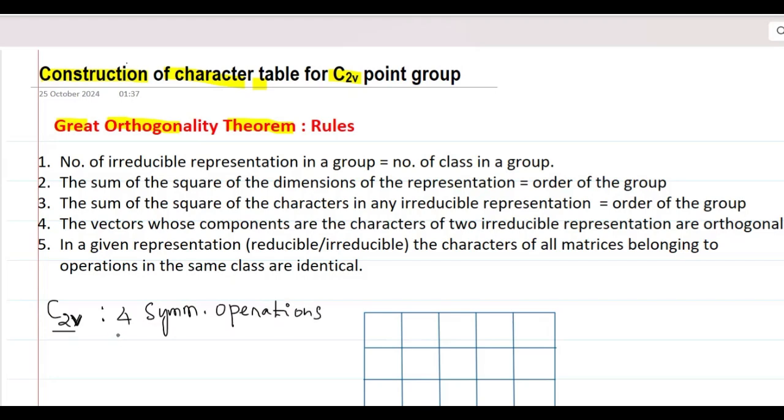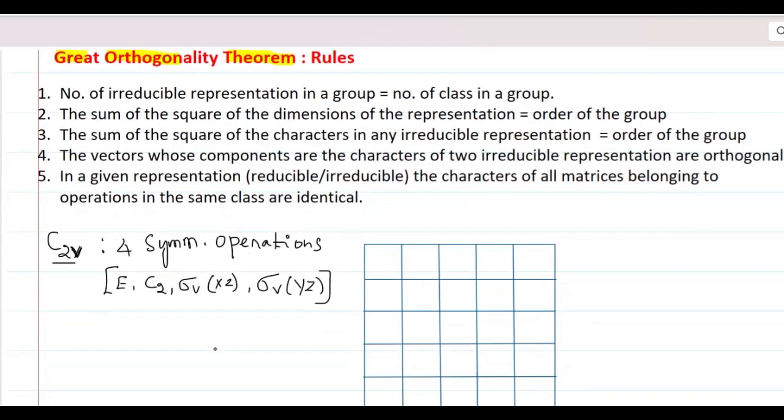They are E, C2, sigma V XZ, sigma V YZ. These are the 4 symmetry operations which could be found in the C2v point group.